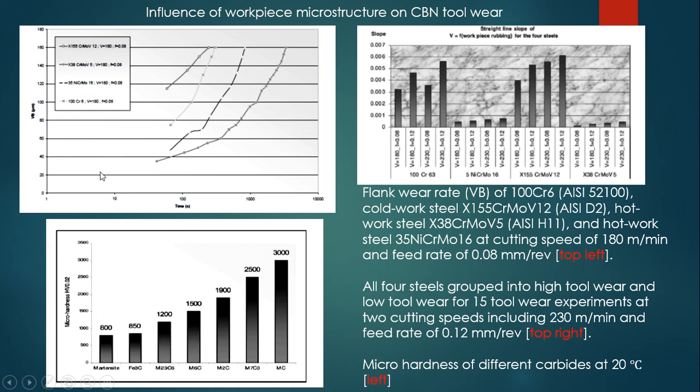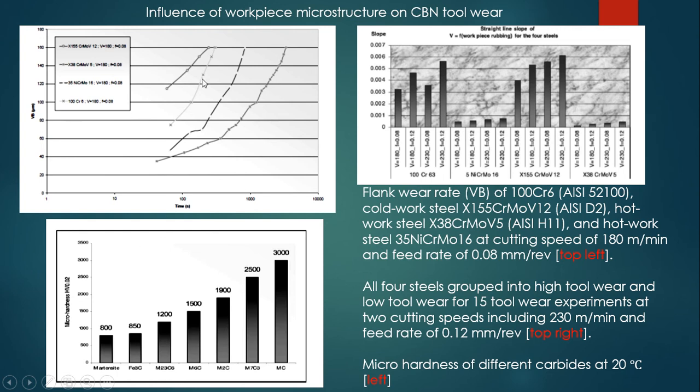Now the flank wear plot shows the flank wear rate for the four different materials with time at one cutting speed of 180 meters per minute.